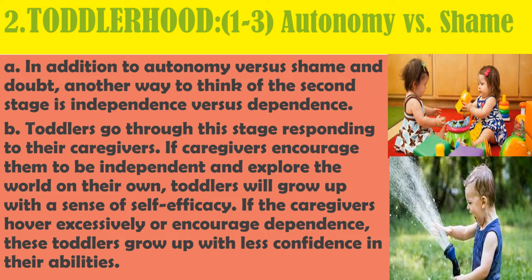This stage takes place between the ages of 18 months and 3 years and involves gaining a sense of independence and personal control. Success in this stage allows people to develop will and determination. When we say autonomy, we mean willful exploration and a sense of independence, and it's a notable feature of the toddler years.